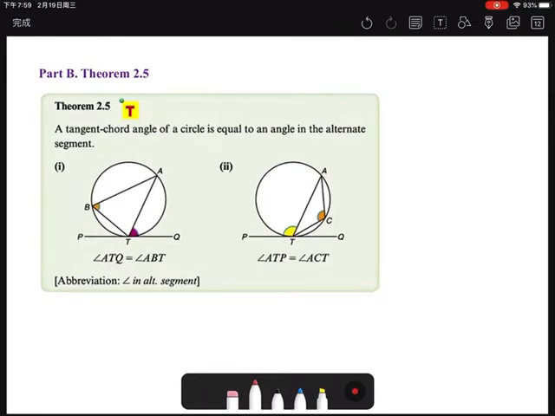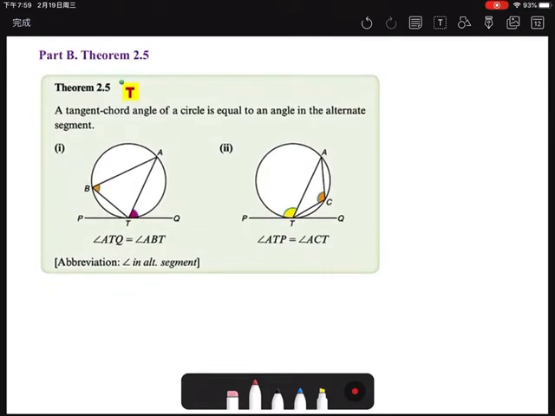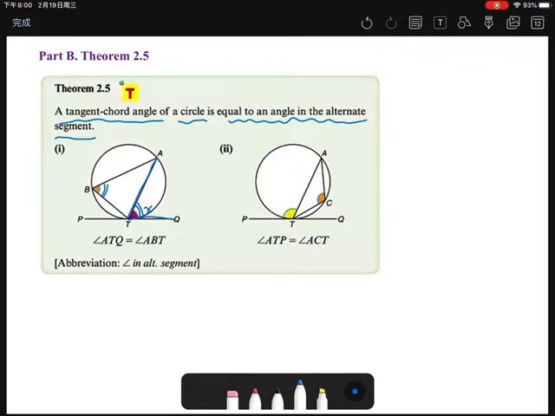Now let's look at part B, a theorem, theorem 2.5. Theorem 2.5 tells us that a tangent-chord angle of a circle is equal to an angle in the alternate segment. What does it mean? The tangent-chord angle, this one, equals the angle in alternate segment.